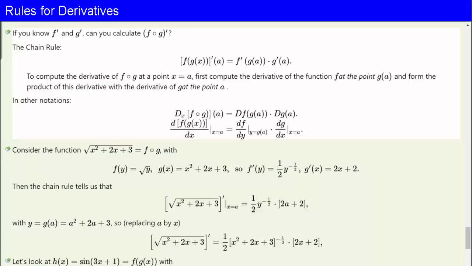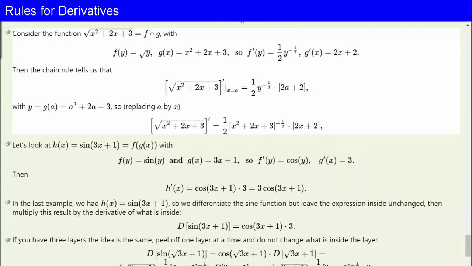As an example, consider the function square root of x squared plus 2x plus 3, which is f composition g with f of y equal the square root of y, and g of x equals x squared plus 2x plus 3. Then, f prime of y is 1/2 y to the minus 1/2, and g prime at x is 2x plus 2.